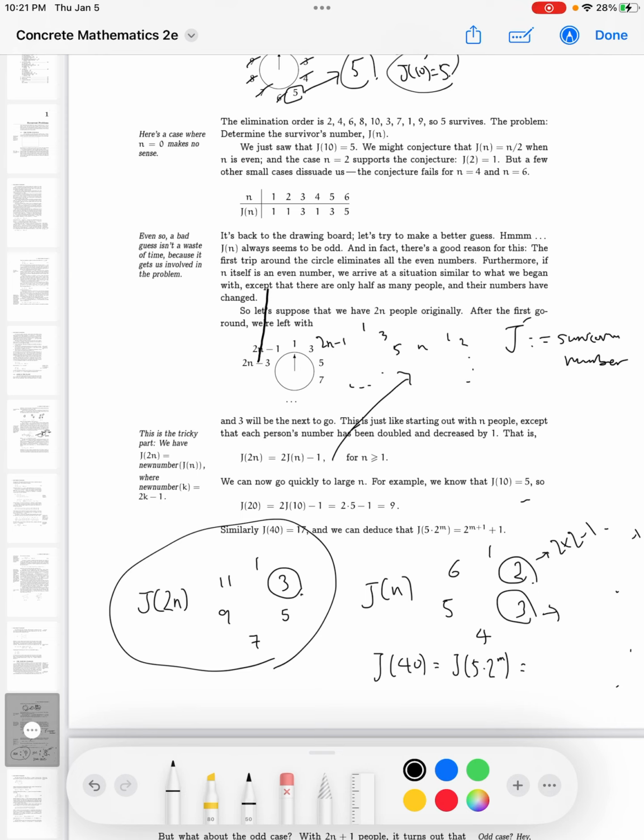And for 3, its position at J2n is 5, which is 2 times 3 minus 1, all the way down to 11.